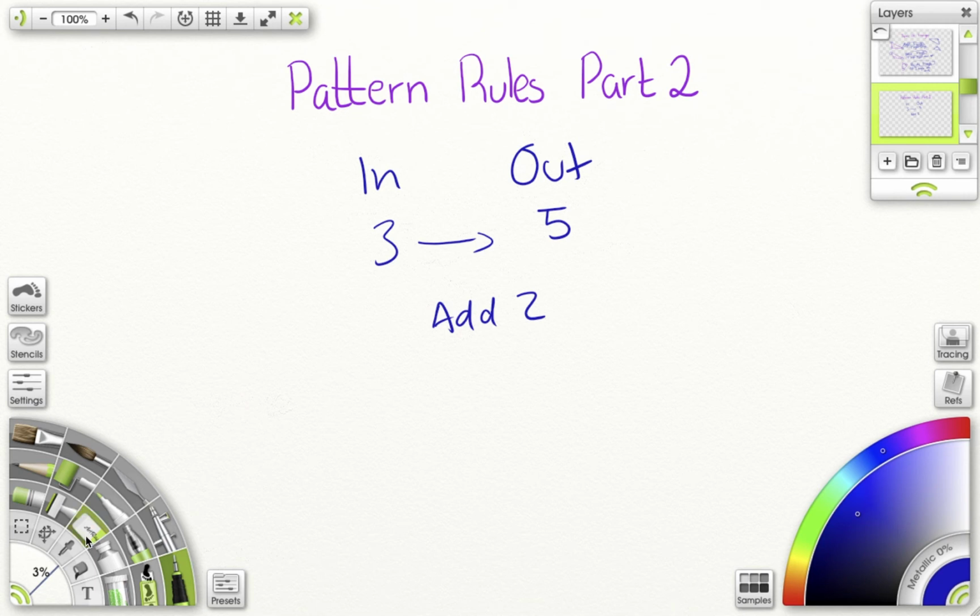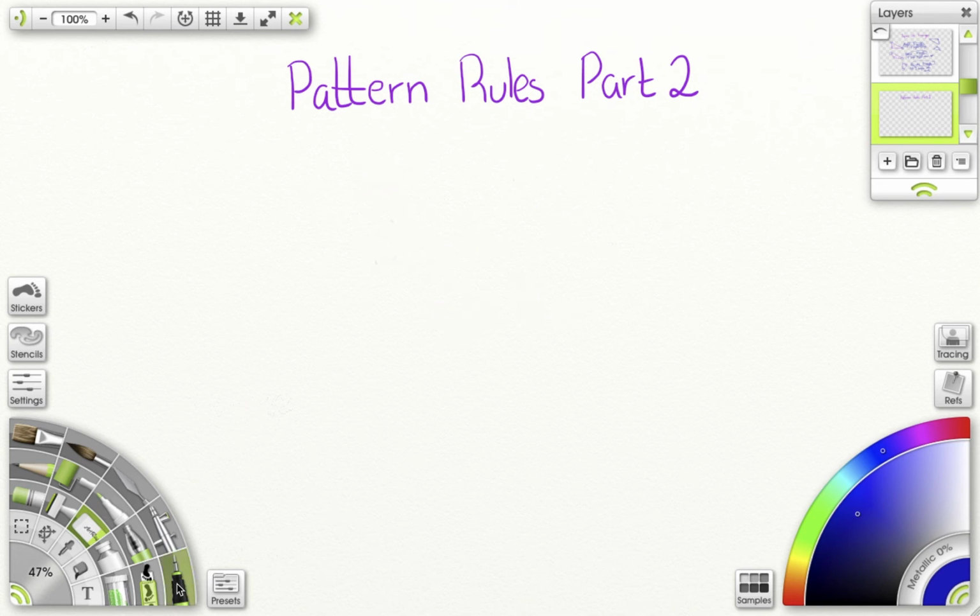Today we're going to continue working on pattern rules, except this time it will not be a chart with an input and an output number. It will be just a list of numbers, or a line of numbers. So I'll show you what I mean. Let's say the pattern starts at 15.